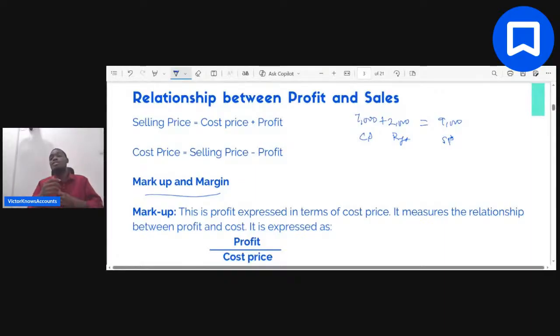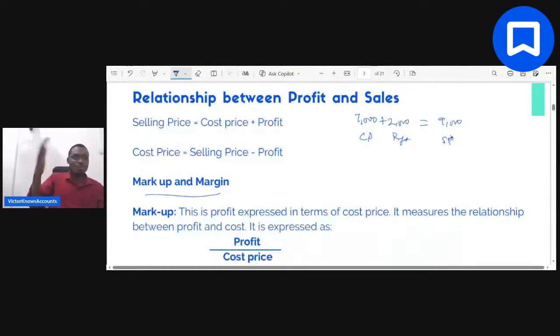You see, the way it works is that numbers speak, but when you use ratios, they are not just absolute numbers. For example, if you say you want to make a profit of 5,000 naira on every product, it means that even the product that you bought for 50,000 naira, you also sell for 55,000, and the one you bought for 7,000 naira, you sell for 12,000 naira. It does not make sense.